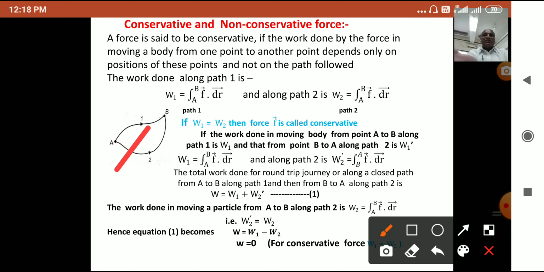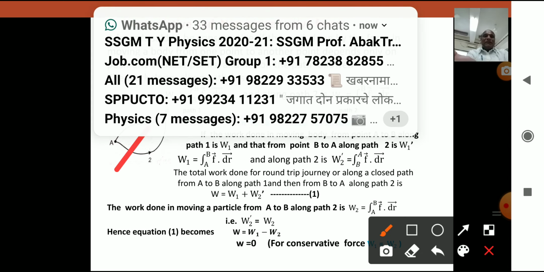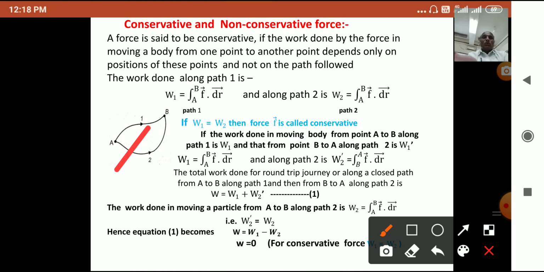If the work done in moving a body from point A to B along path 1 is W1, and that from B to A along path second is W2 dash, we find the separate work done.